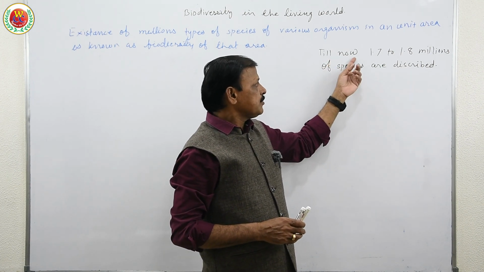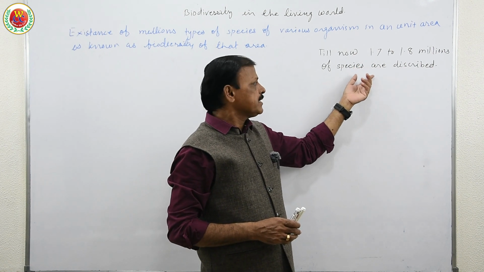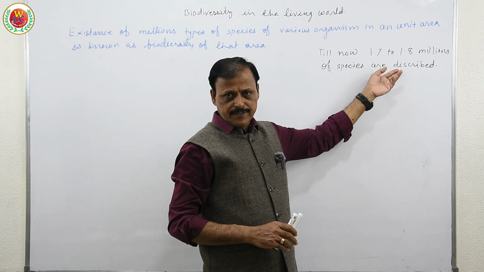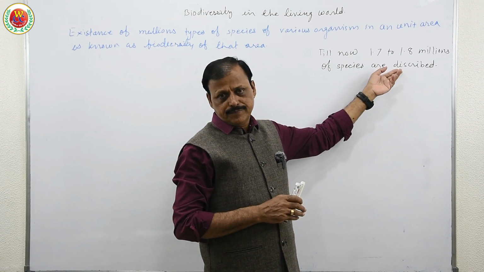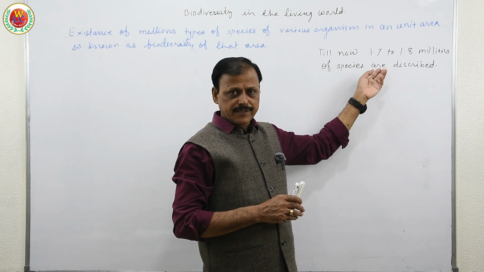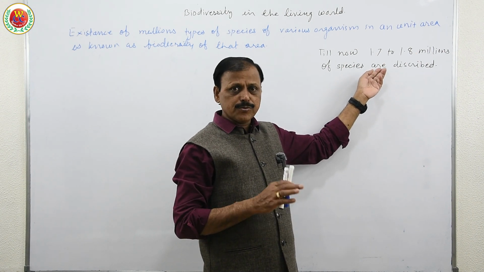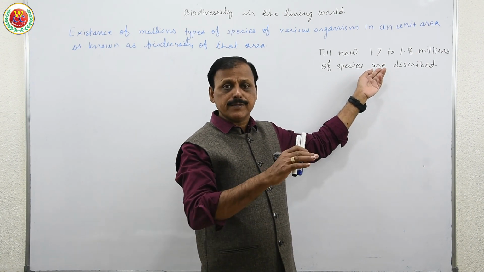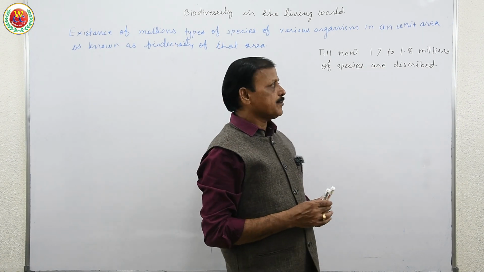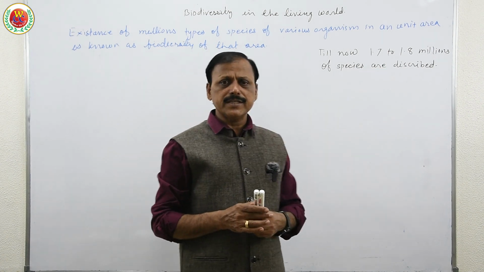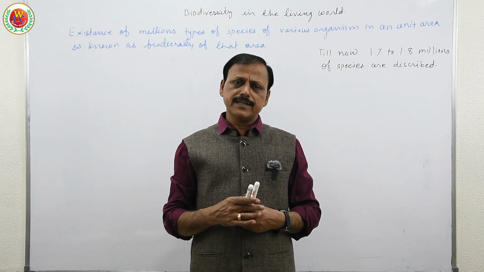So till now 1.7 to 1.8 million species are described, addressed, classified, and we know about them. So what is that process? How to know them, how to recognize them, how to name them? These are the parts we are supposed to complete in this chapter. Their existence with their features has to be recognized and addressed.